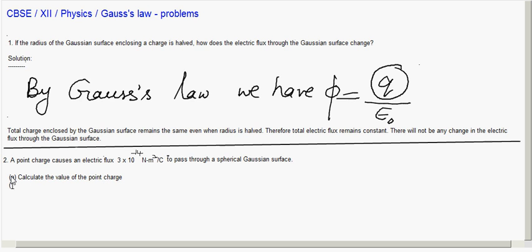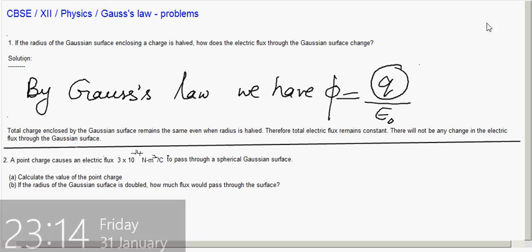Part B: if the radius of the Gaussian surface is doubled, how much flux would pass through the surface? We'll solve this.